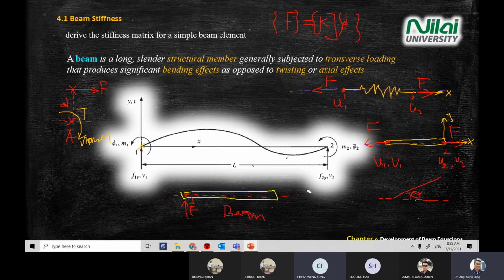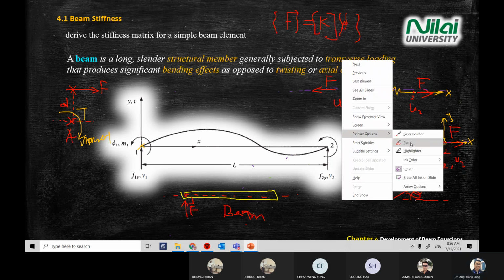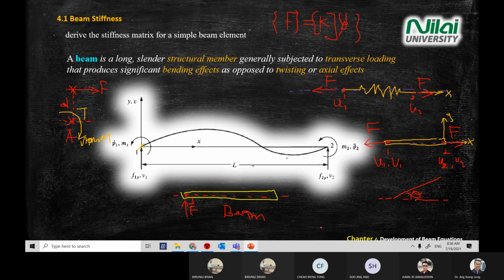You understand, right? Okay. Ashmal, can you explain the differences between spring, bar, and beam? What do you understand about the spring, bar, and beam? For the spring and bar, the force is only acting on the axes x and y of the structure.